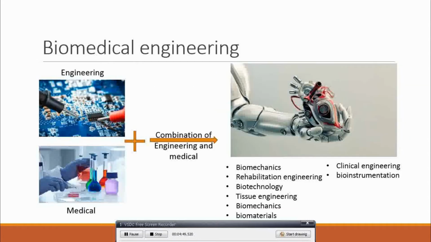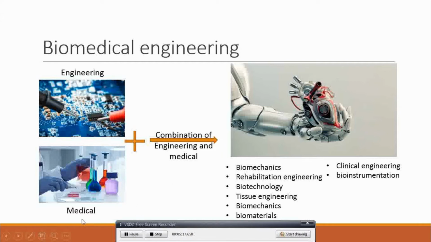Right, moving on. If people ask you what the breakdowns or the specialty areas are, what are the areas that are available? For example, sometimes people call it medical electronic engineering, or medical engineering, or biomedical engineering.